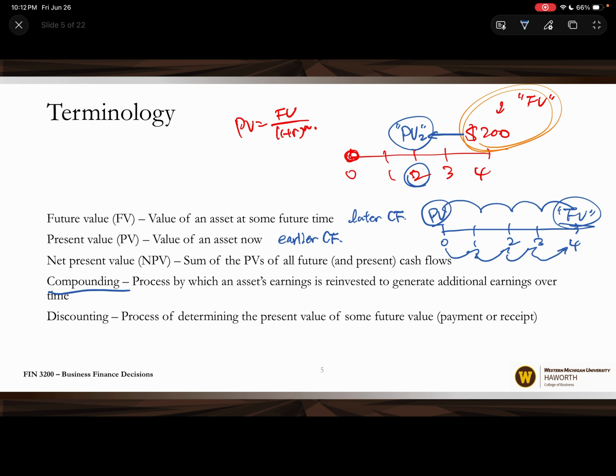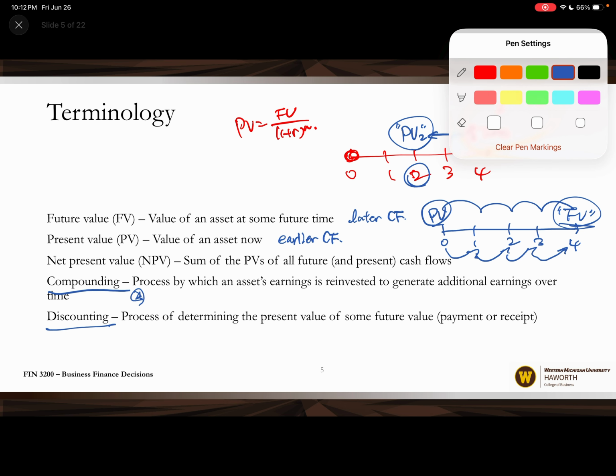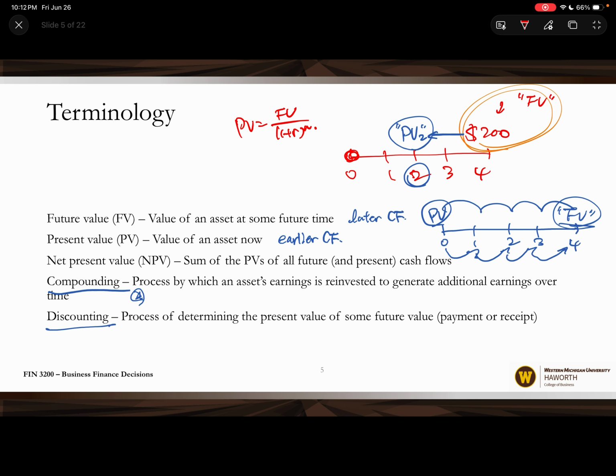So going forward in time is usually compounding, and discounting is coming backwards in time. So if we start from future value, we want to convert it to time 0, we're discounting this cash flow by 4 periods. So it's basically undoing the effect of compounding. Just some terminology.